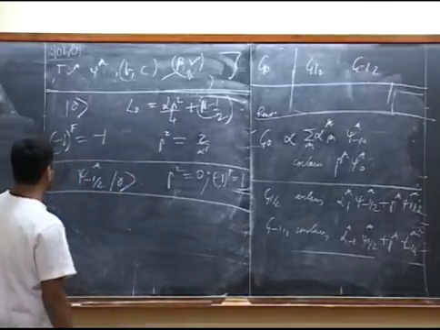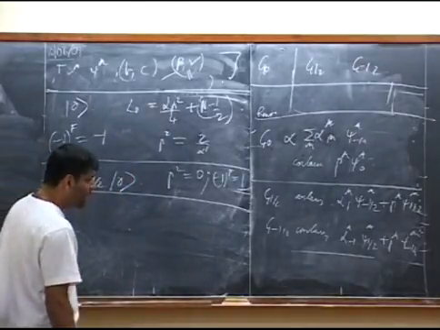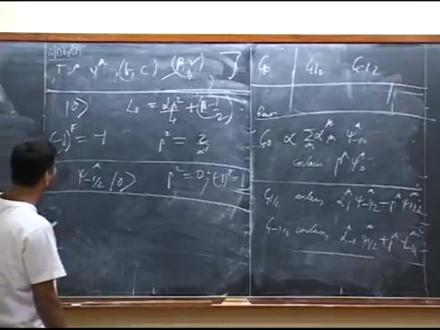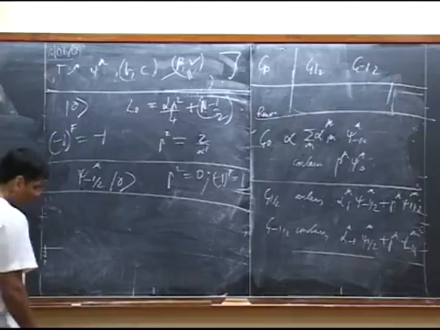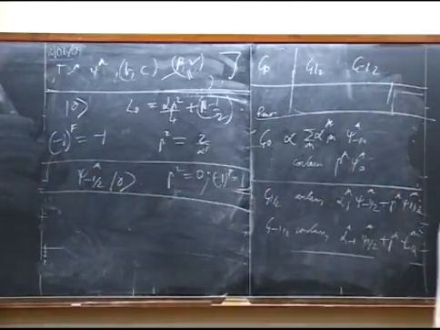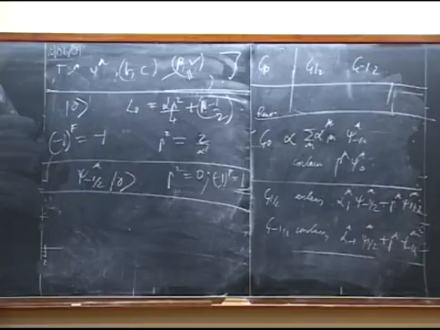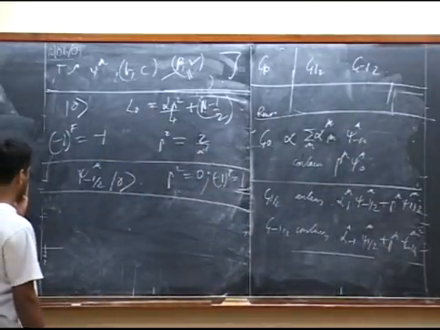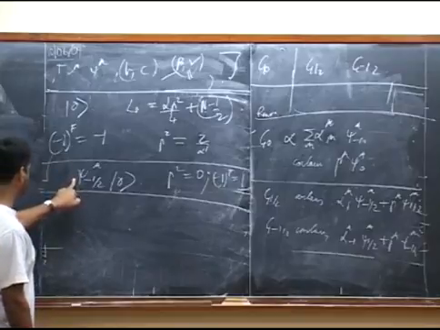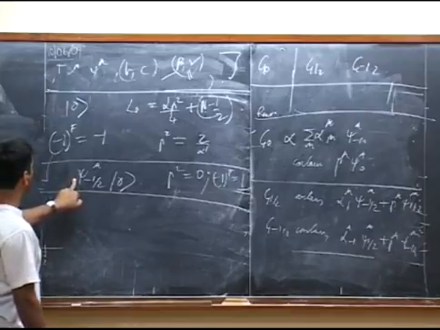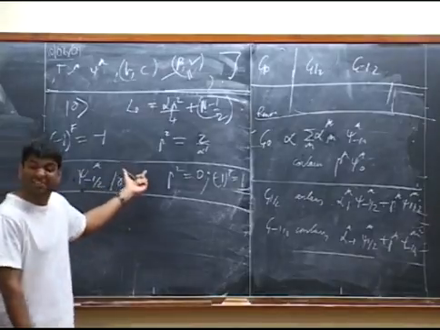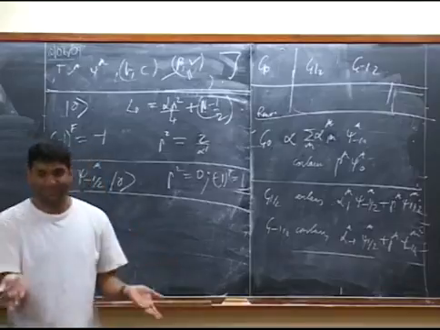Okay. So now let's see. What are the states? By level matching, if we've got this state on the left, we have to have a similar state on the right, because p squared is just p squared, so it must be 0.